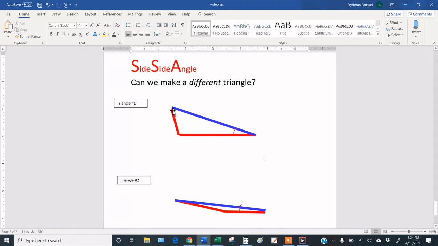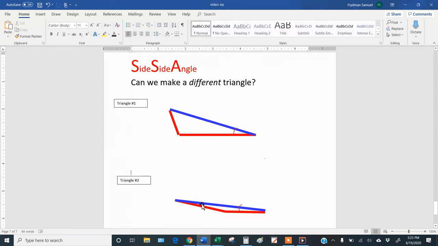So when I started with these two sides and this angle, I was able to change it in a way that was legal. And I see that I can make the original triangle, and I can also make this new triangle, no problem.